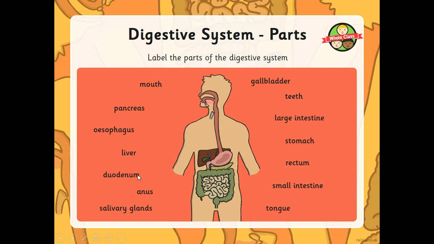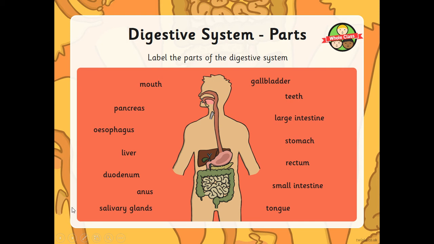Again, we're going to look at more detail. Then behind there, just below the stomach, we've got the pancreas, and then we've got the duodenum, which is the first part of the small intestines, and then you've got the large intestines coming round there, and then out to the anus, which is your bottom.